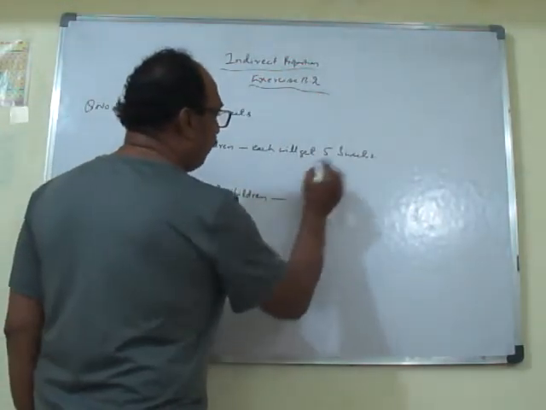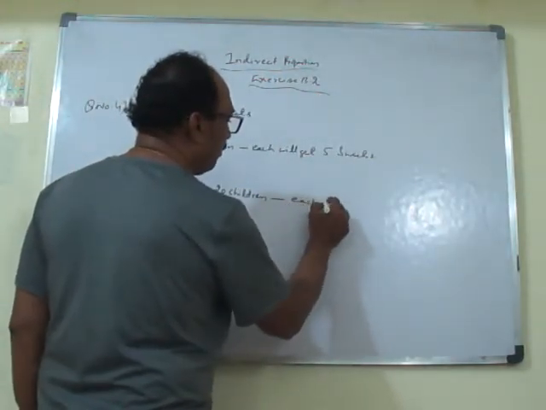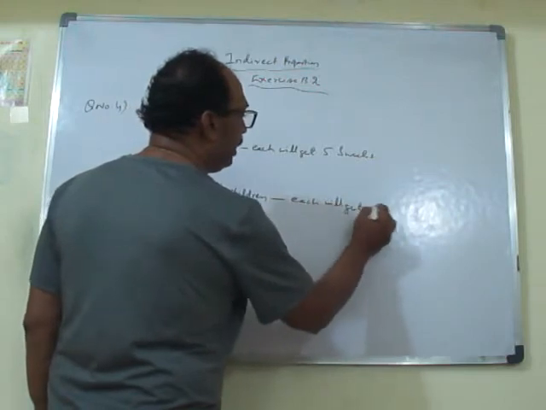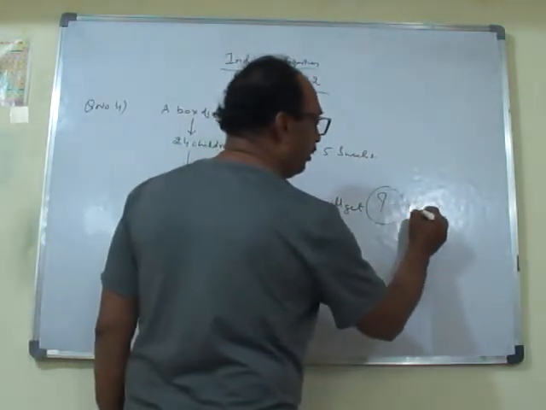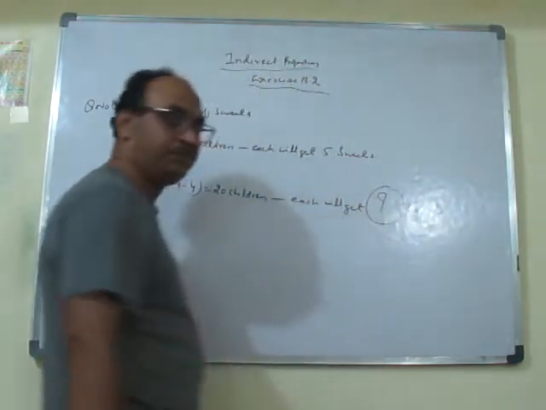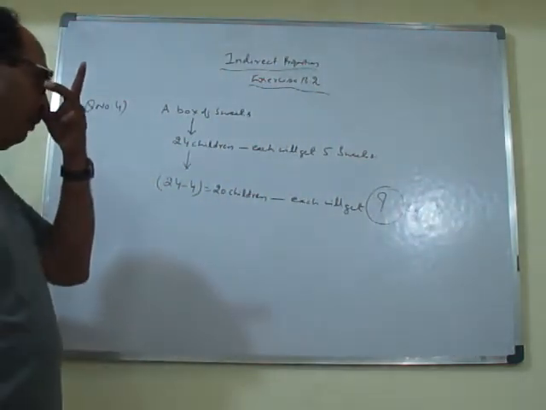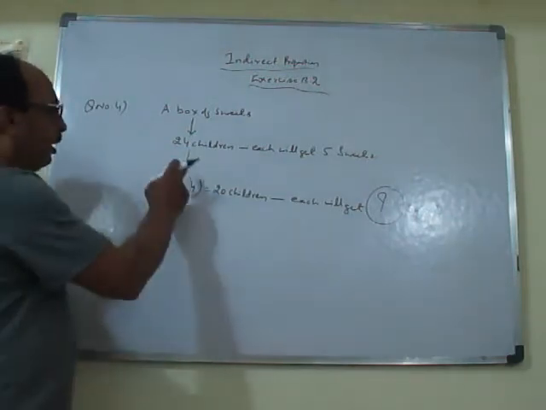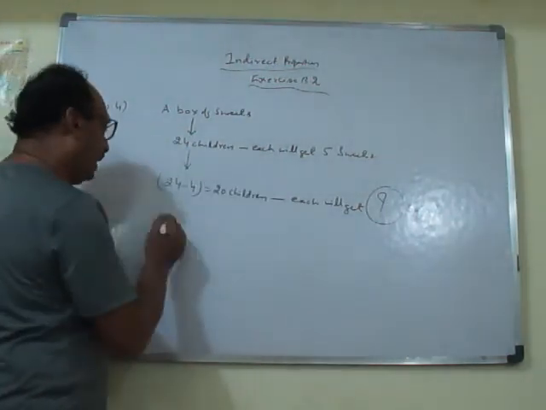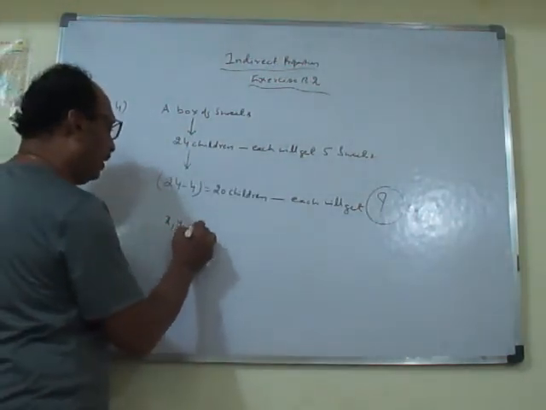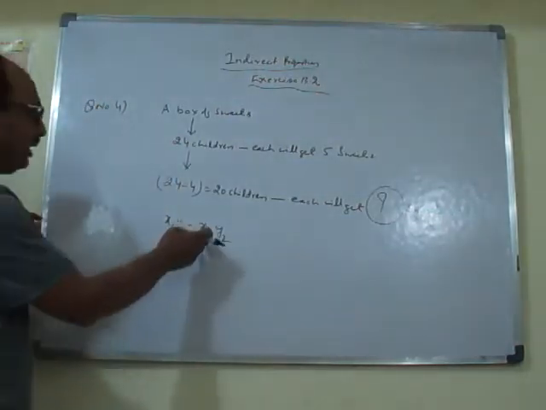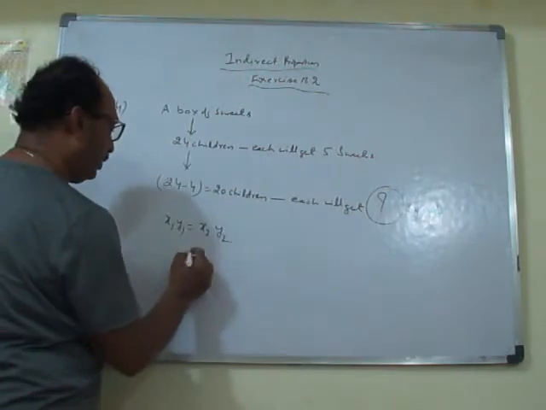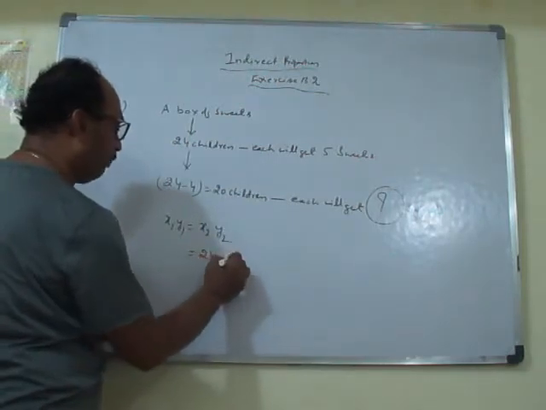And we need to find how many sweets each will get. So how will we find it? You see, x1 y1 is equal to x2 y2. Let us take x2 y2 as 24 into 5. So it is 24 into 5.